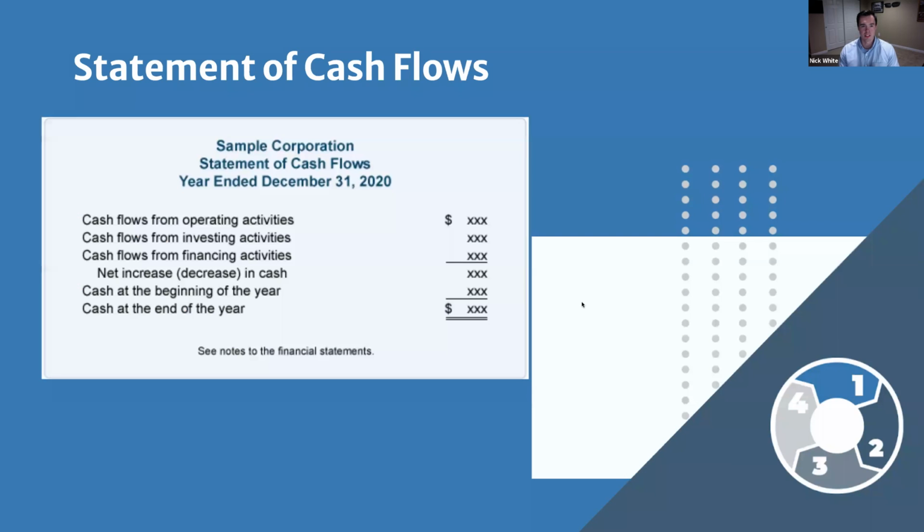Looking at our example here, this is a very simple cash flow statement. Cash flows from operating activities is a lot of information running from the income statement. For investing and financing activities, a lot of the cash coming in and out, we would be seeing from our balance sheet.